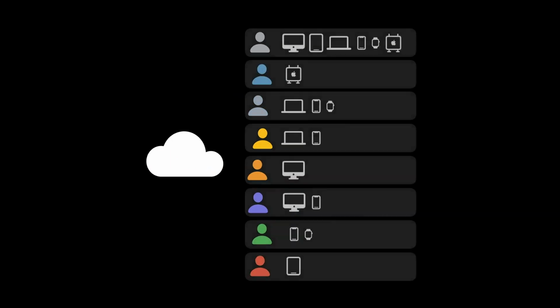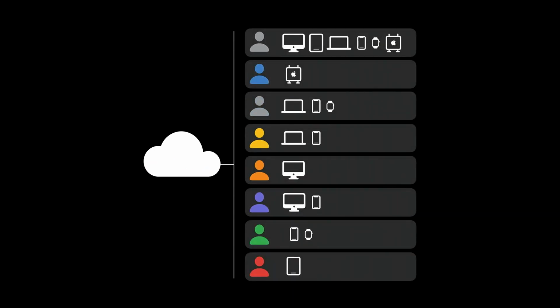Each of these participants will be able to access and operate on the objects I share with them, and I will be able to access and operate on the objects that they share with me. Each participant will also have their own collection of devices. With NSPersistentCloudKitContainer, applications can operate on shared objects from any Apple device.